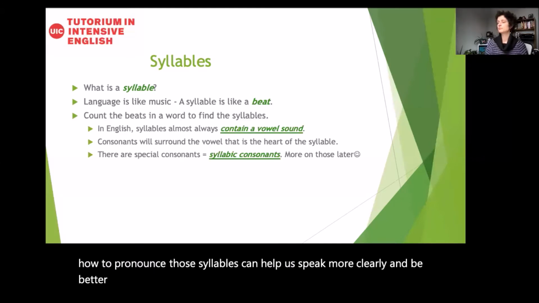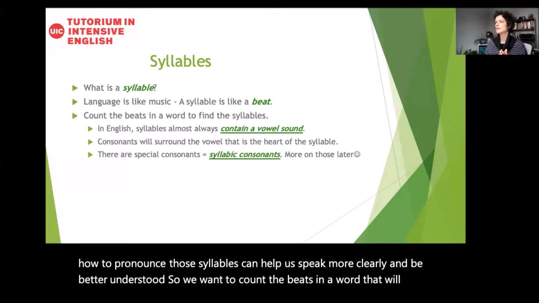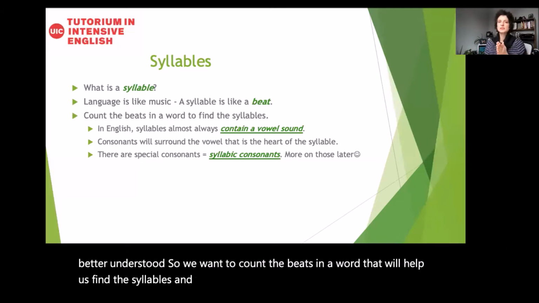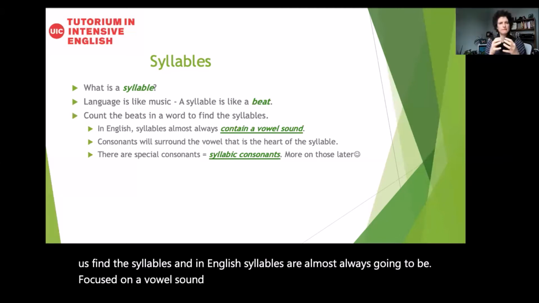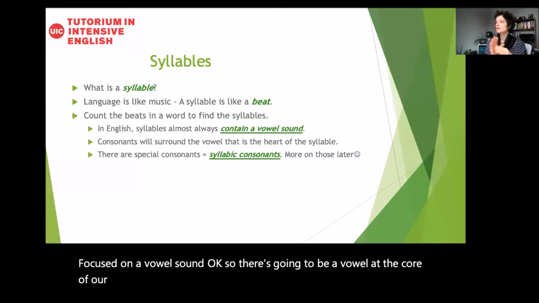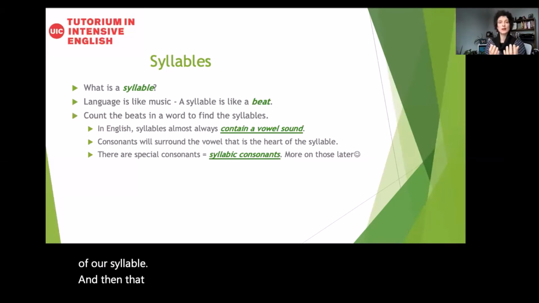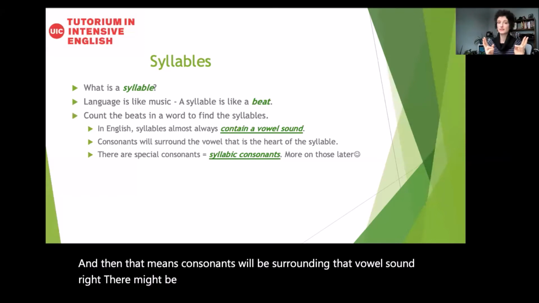So we want to count the beats in a word. That will help us find the syllables. And in English, syllables are almost always going to be focused on a vowel sound, okay? So there's going to be a vowel at the core of our syllable. And then that means consonants will be surrounding that vowel sound, right? There might be a consonant on both sides of our vowel.